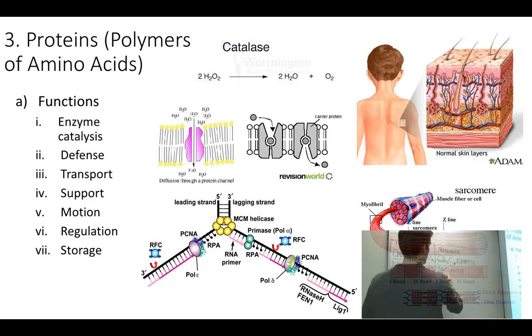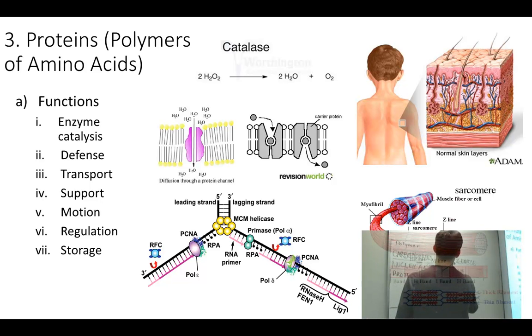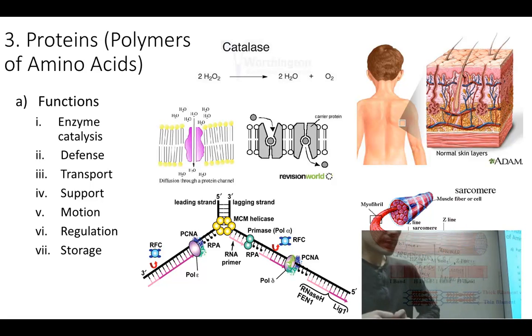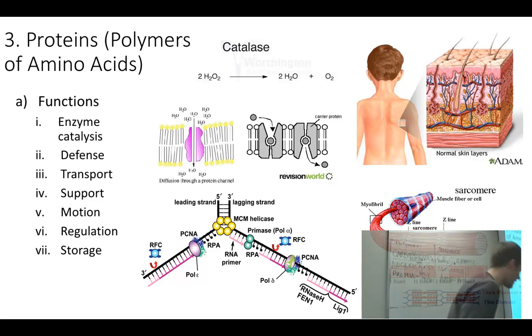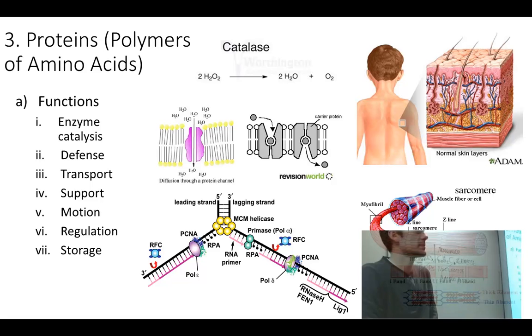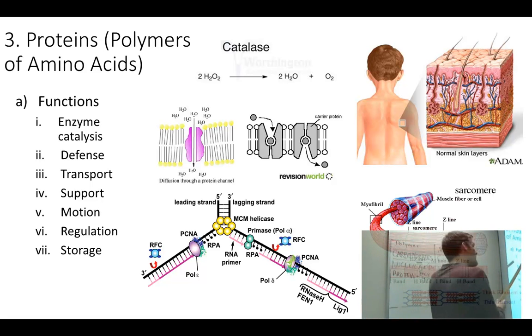The monomer of proteins is amino acids. Proteins are what does the work in the cells. They are catalysts, so they are involved in enzyme catalysis, which means they help reactions, they help break things down.